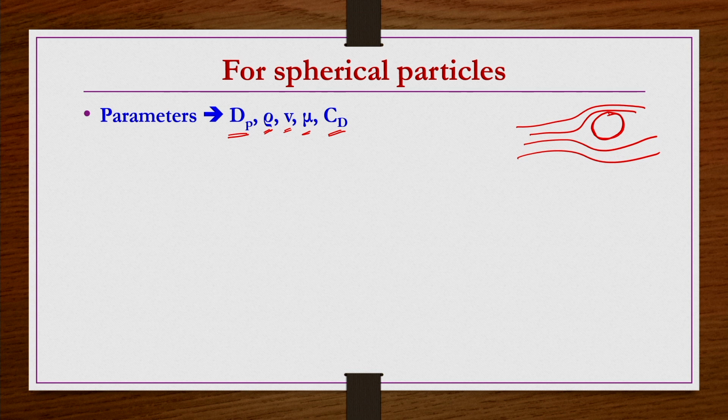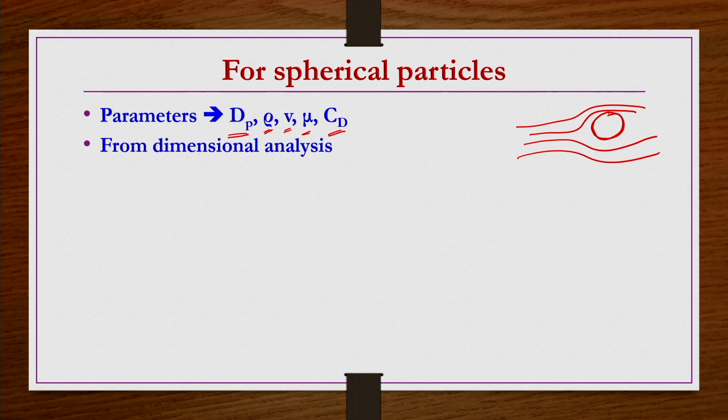There may be other parameters, like surface roughness, but primarily these are what we see, for a smooth sphere. Then if you do dimensional analysis, you can find two dimensionless parameters.